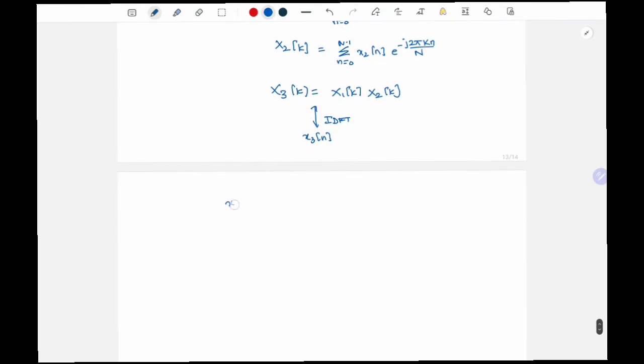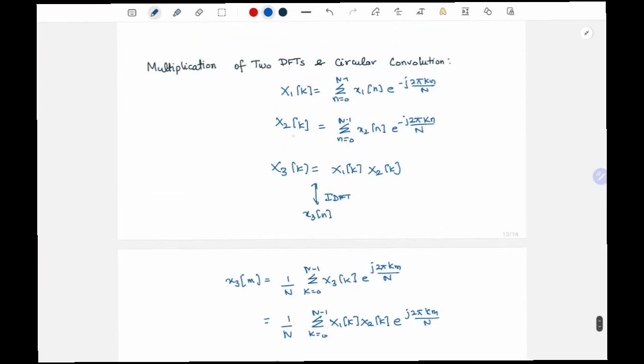So I'll start by saying x3 of some m is equal to 1 by N summation k equal to 0 to N minus 1 of X3 of k e power j 2 pi k m by N, and my X3 of k is nothing but X1 of k into X2 of k, times e power j 2 pi k m by N. I'll substitute my X1 of k and X2 of k.